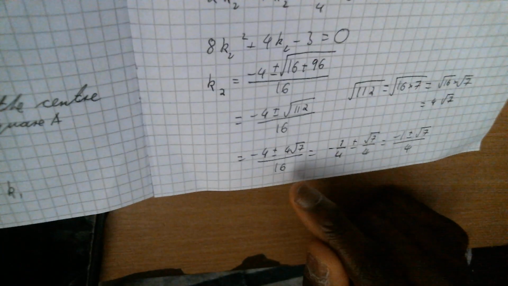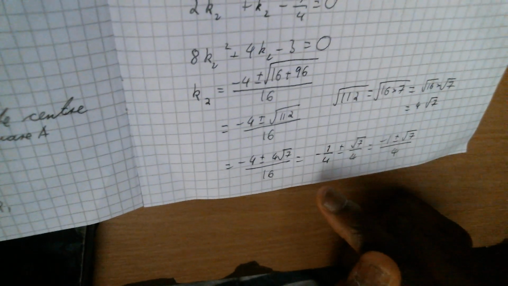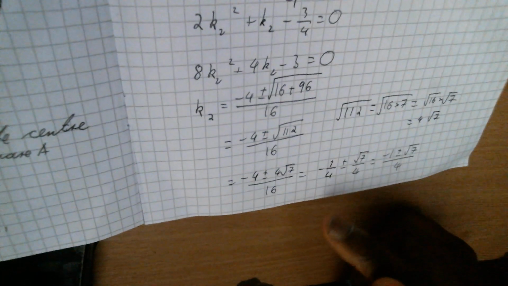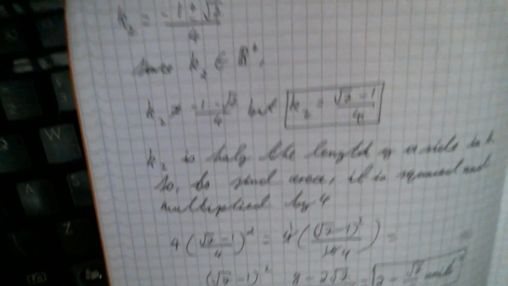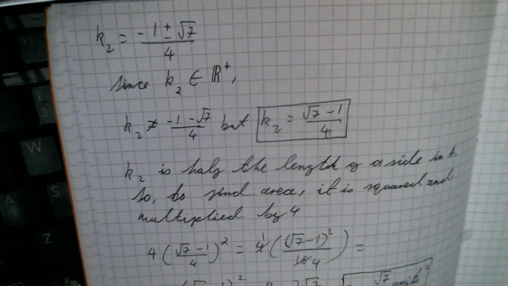So here we can already see minus 4 plus minus 4 root 7 over 16, and we can divide that by 4 to get minus 1 plus minus root 7 over 4. So K2 is equal to minus 1 plus minus root 7 over 4.